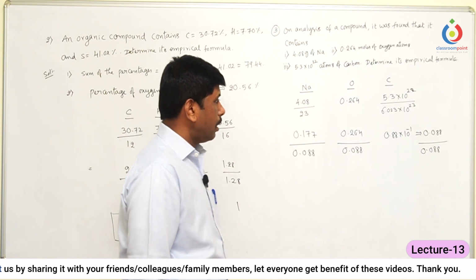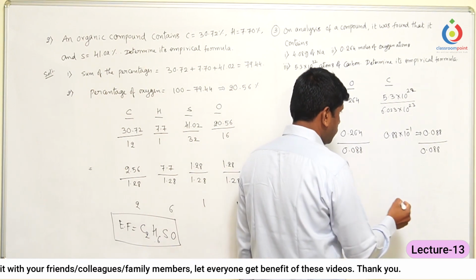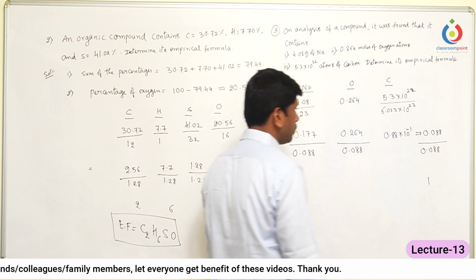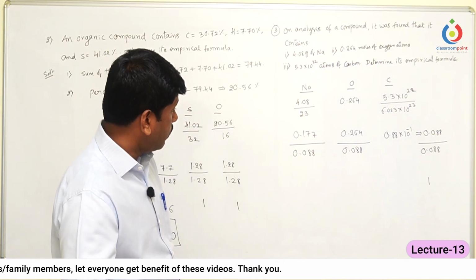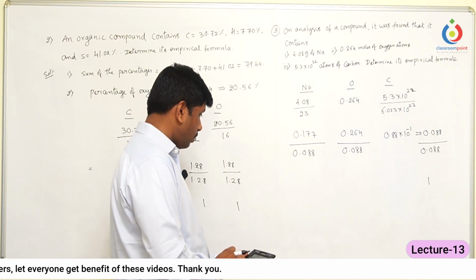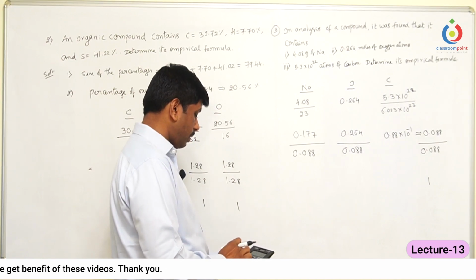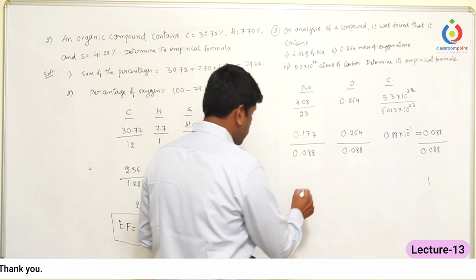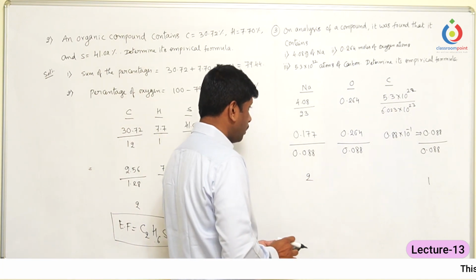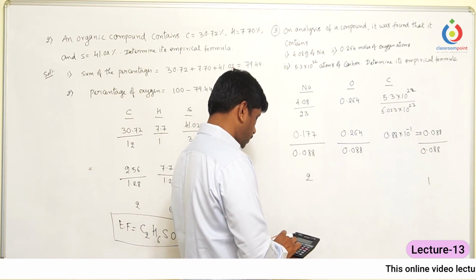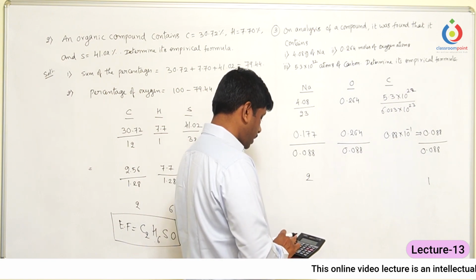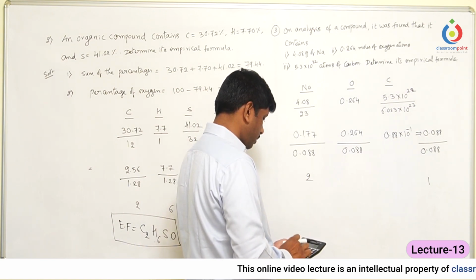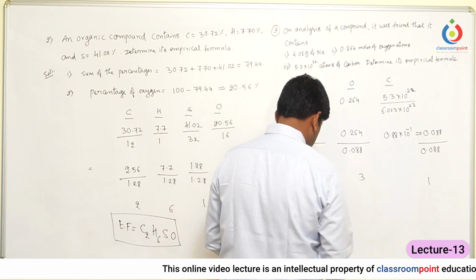So here we get 1, and for these values, let us see. 0.177 divided by 0.088 is equal to 2, and 0.264 divided by 0.088 is equal to 3.